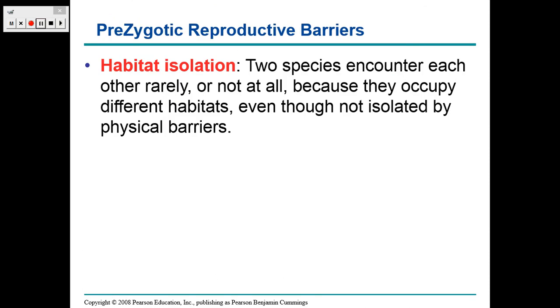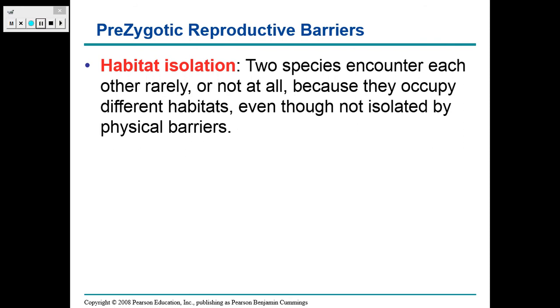Habitat isolation is when you have two species but they don't ever see each other. That could be because they have different habitats, but they may or may not be isolated by a physical barrier. It could be something like a mountain range or an ocean. Sometimes the barrier is even between the treetops, the animals that live on the treetops in the jungle, and the ones that live on the ground.